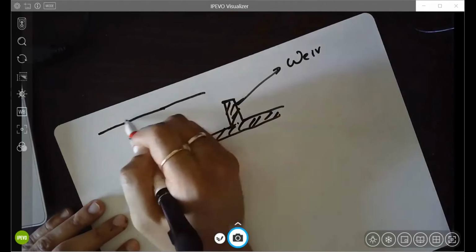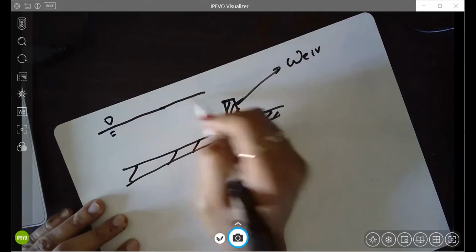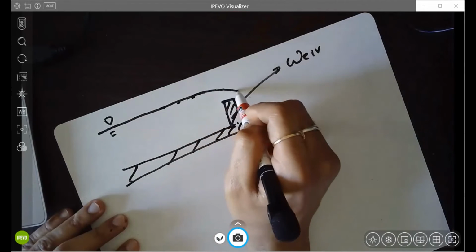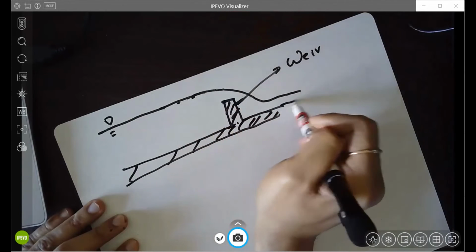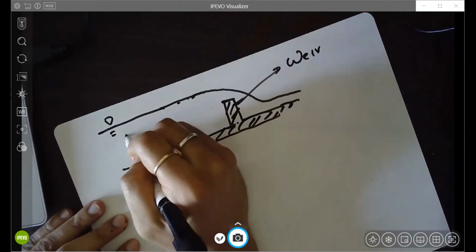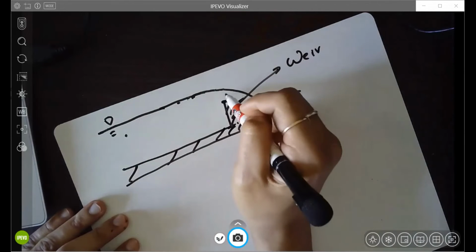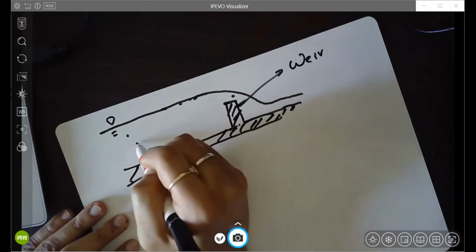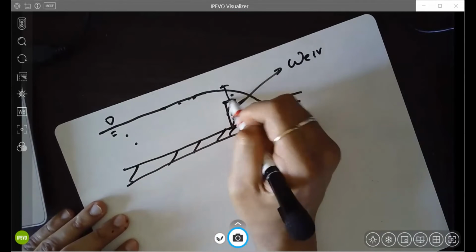And this is the river channel. When it approaches the weir, this level decreases a little, because the velocity in here is very low compared to the velocity out there. So the velocity is very high. To preserve the Bernoulli equation, the elevation becomes low.